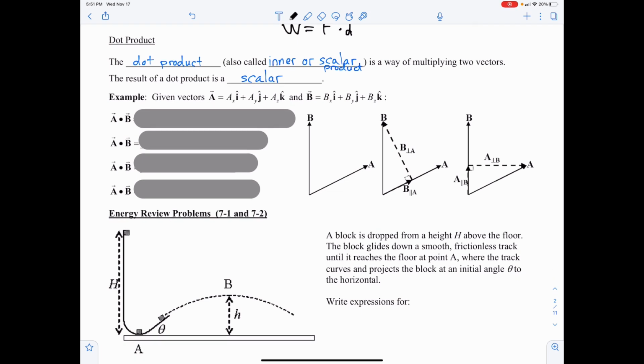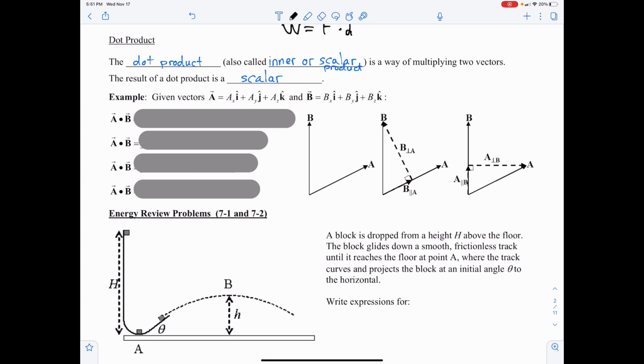Mathematically, how do we actually compute a dot product? It's very, very easy. So say, for instance, we have a vector notation given like a sub x in the i direction plus a sub y in the j direction plus a sub z in the k direction. Remember, the ijk unit vectors just tell you the x, y, z direction of the vectors. That's all.